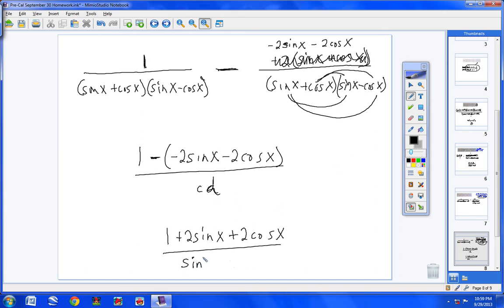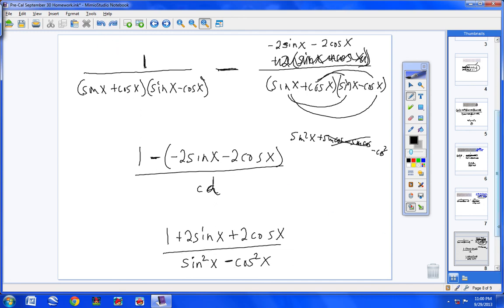Trust me, you will get sine squared x minus cosine squared x, because you'll get sine squared plus sine cosine minus sine cosine minus cosine squared, and these two terms will cancel out, and you're left with sine squared minus cosine squared. Okay, so if you take your common denominator and multiply those two parentheses together, you will get this right here, which totally means that you've got the exact right answer.